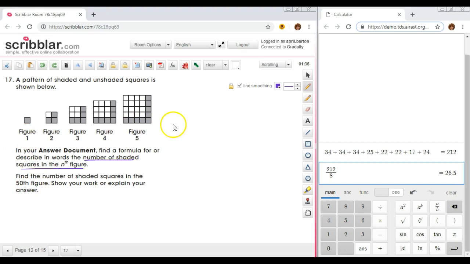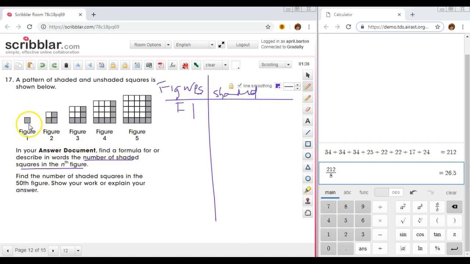We have, I'm going to say F1 for figure 1. And I'm going to create a little table. We have the figures and we have the number of shaded squares. So figure 1 has one shaded square, one gray square. Figure 2, that has 3 shaded squares.